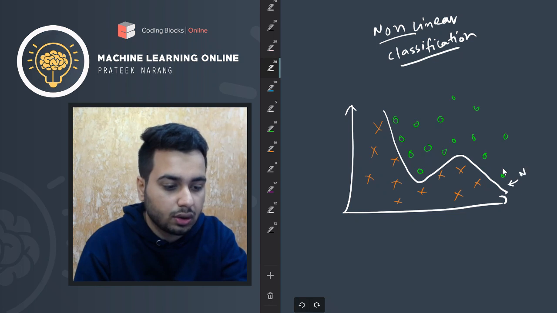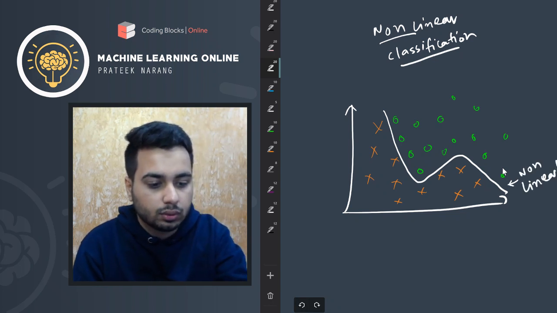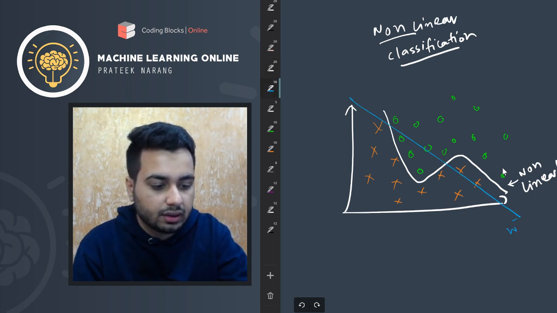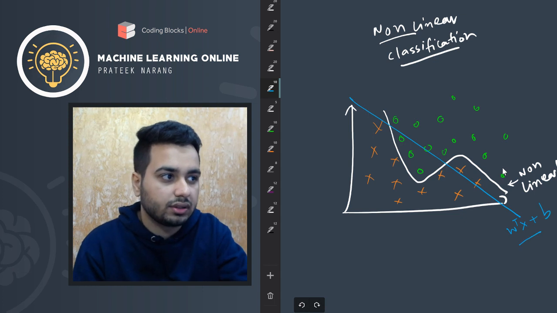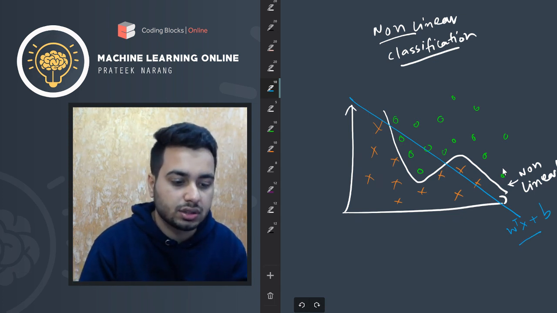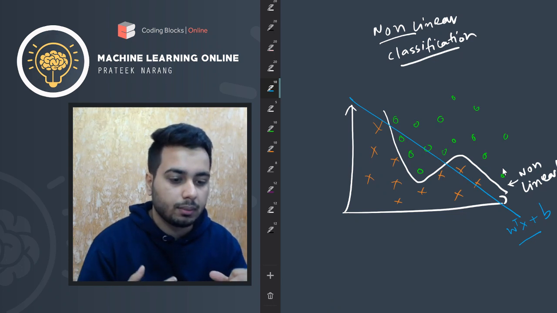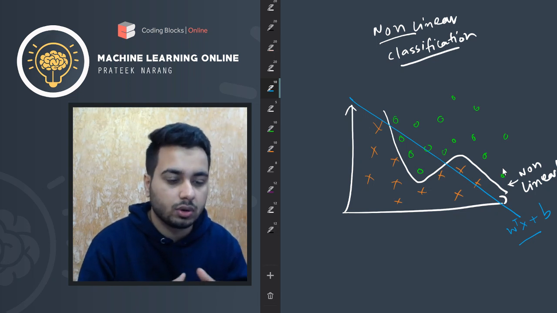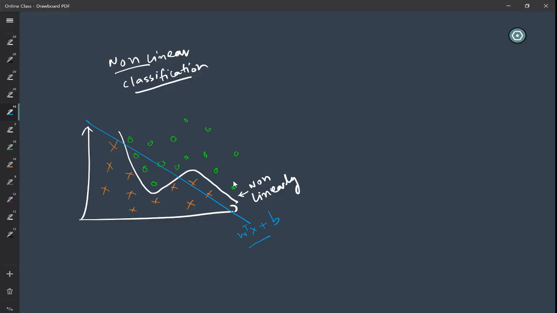If you make a linear boundary using some classifier, you are not going to get good results. If you directly use a linear classifier like logistic regression, you will do pretty badly. But if we project this data set to a higher dimension where it becomes linearly separable, we would be able to do very well.